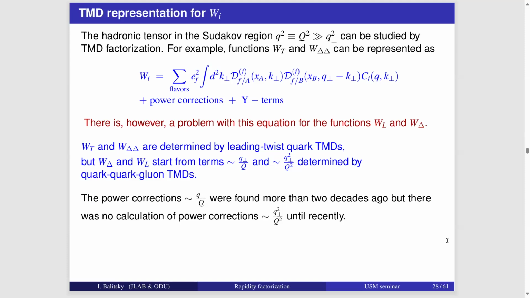These two are determined by leading-twist quark TMDs, but the other two start from power corrections, which are determined by quark-gluon TMDs. The power corrections of order 1 over Q were found more than two decades ago, but there was no calculation of power corrections of order 1 over Q squared until recently.